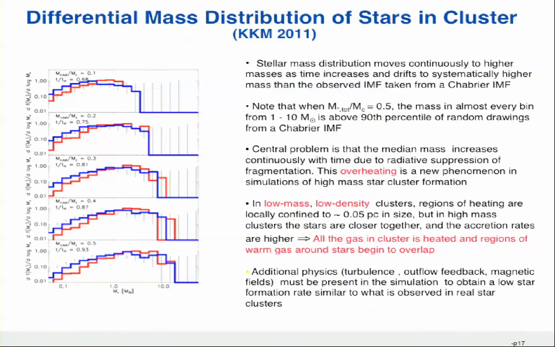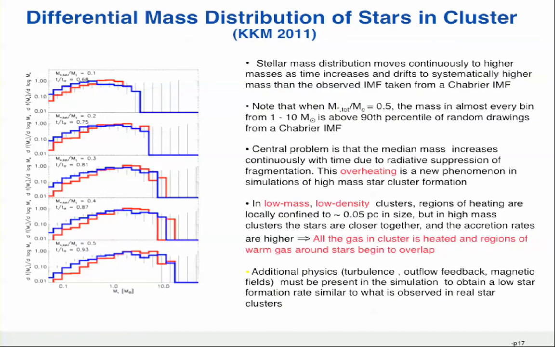Let's compare the differential mass distribution of stars and clusters that we get with a Chabrier observed IMF, and the calculations are in different resolutions in red and blue here. As I go increasingly in time downward, let's look at this last panel. Basically the grayscale here is a Chabrier IMF at the 10th and 90th percentile level.